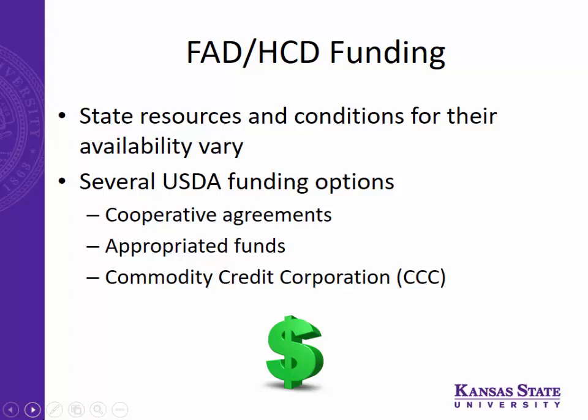Smaller requests generally are fulfilled through appropriated funds, while requests greater than $1 million are usually a Commodity Credit Corporation, or CCC, request. In the 2014-2015 highly pathogenic avian influenza, or HPAI, outbreak, the Secretary of Agriculture requested over $900 million in CCC funds without any type of emergency declaration.